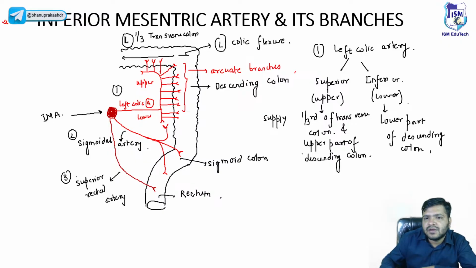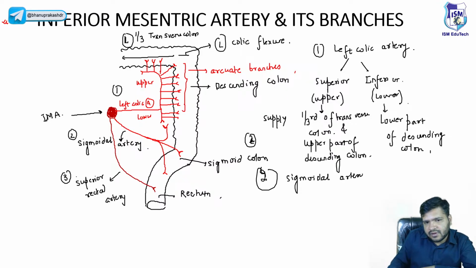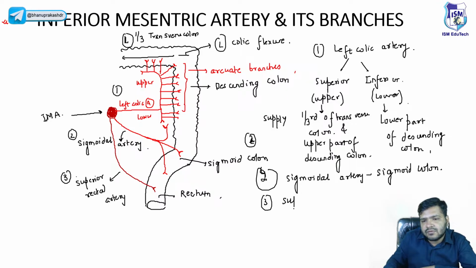The second one is the sigmoidal artery. Basically, it supplies the sigmoid colon. And the third one is the superior rectal artery.